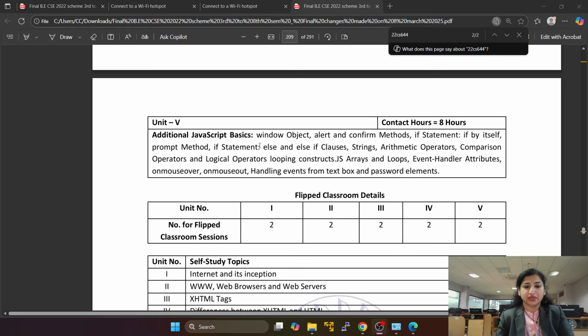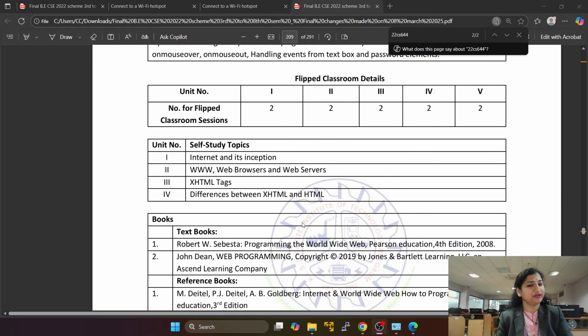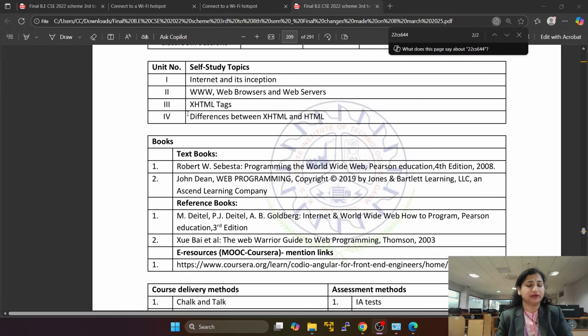These all we will be able to do on a single web page or a collection of web pages, that is a website. As I have told you already, we have 10 hours or 10 classes for the flipped class. So these are a few basic topics that you have to do on your own, that is self study. That is, what is the internet, and I hope everyone knows about this. What is the internet and how it started, what is its history, what is the world wide web, which is nothing but www, and what are the differences between XHTML and HTML.